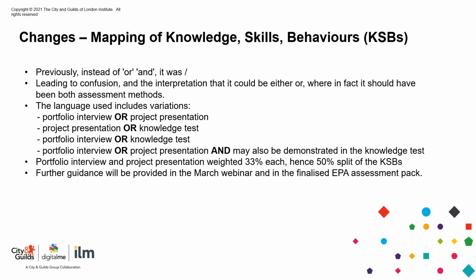The portfolio interview or project presentation and may also be demonstrated in the knowledge test, so we've got to make sure we keep an eye out for that. Now, this is a little bit confusing, because the portfolio interview and project presentation is weighted 33% each. Now, I'm sure you can imagine that where it says or and, it could be that one was more heavily weighted in the end, but there must remain a 50% split.